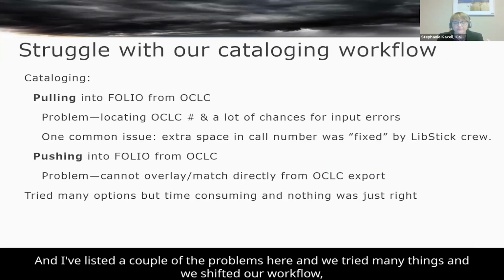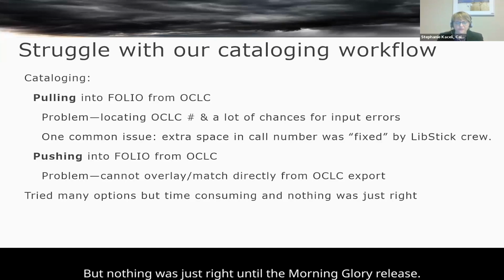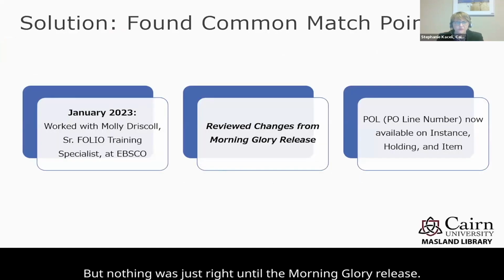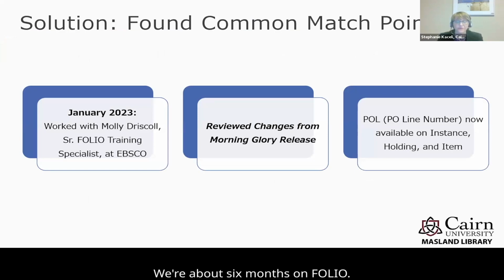And we tried many things, and we shifted our workflow. We shifted how we were creating orders and how we were creating instances and holdings and items, but nothing was just right until the Morning Glory release. And we decided to do some training with the amazing, phenomenal Molly Driscoll in January 2023. We're about 6 months on Folio.